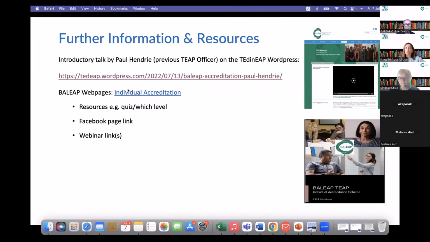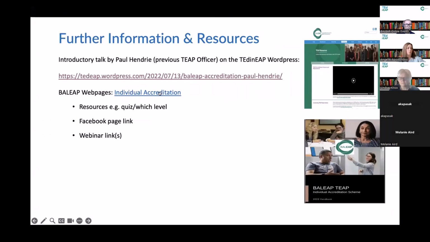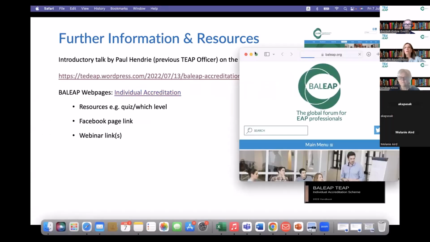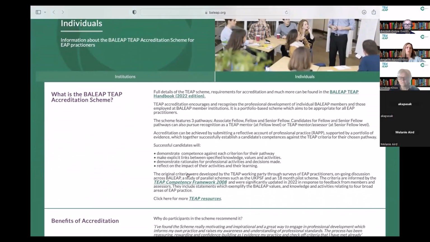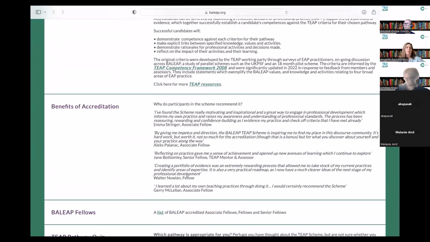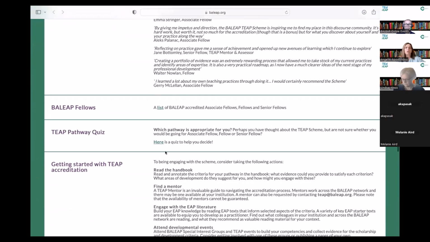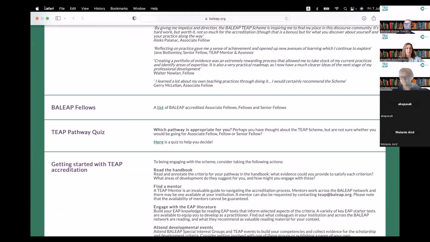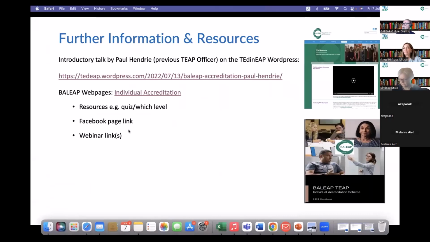And also on the BALI handbook, on the BALI webpage, sorry, you can find a lot more on individual accreditation, the benefits, a list of fellows. You can even do a quiz to see which would be the right pathway for you and how you can get started.